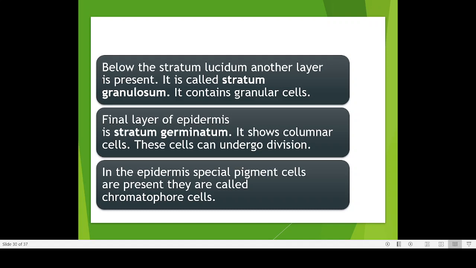This color of the skin is actually given by the presence of certain pigments. Chromatophores are pigment cells. They are giving color to the skin cells. That is the meaning of the word chromatophore cell.